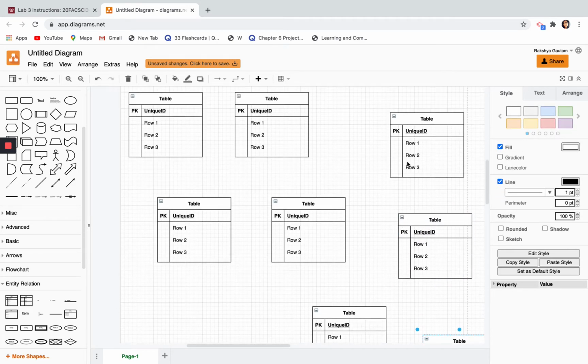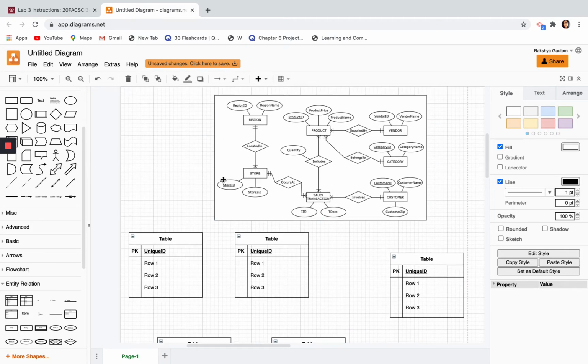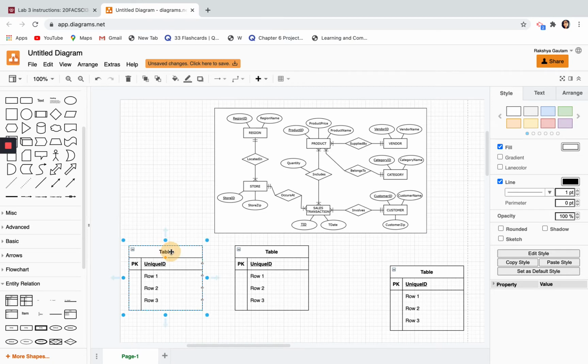I made the eight tables for our eight entities over here. So let's start with the region first.